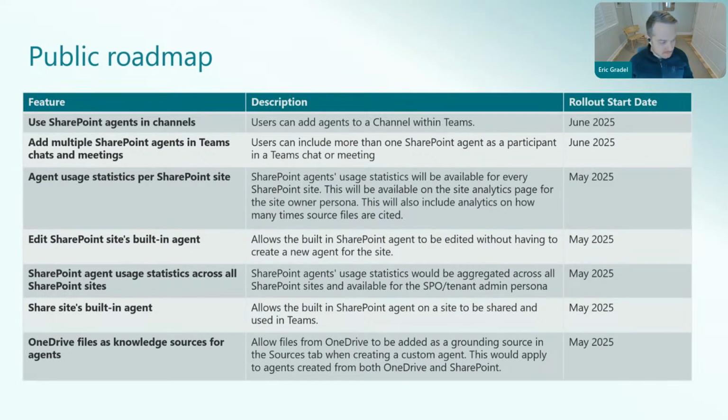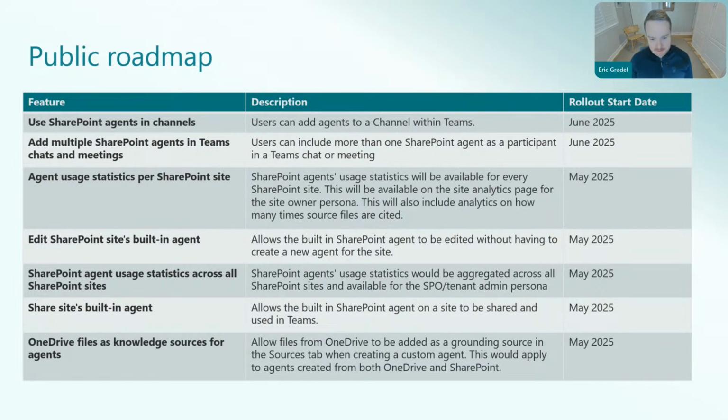And then, it sounds like there were questions around usage statistics. There's a lot more coming in that regard in the not so distant future. We also talked about the default agent that is grounded on all the content within a given SharePoint site and is pre-installed. That's not editable today.